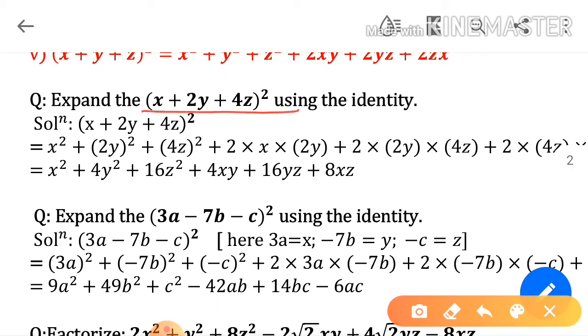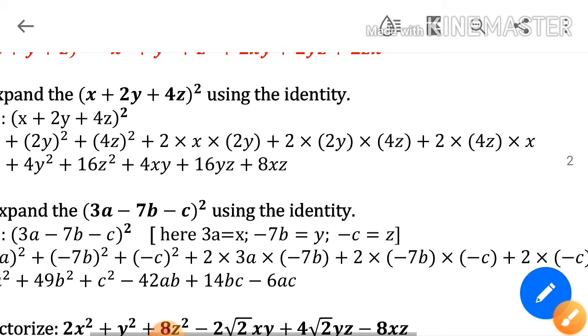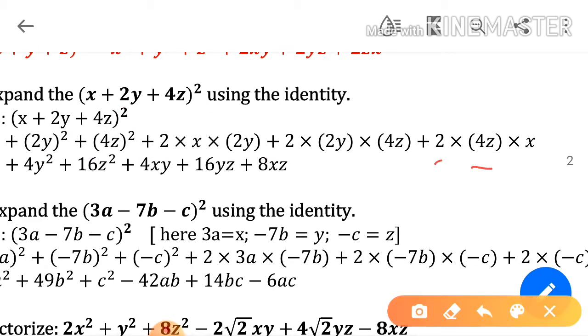(x plus 2y plus 4z) whole square is x square plus (2y) whole square plus (4z) square, plus 2 into x into 2y, then 2 into 2y into 4z, thereafter 2 into 4z into x.